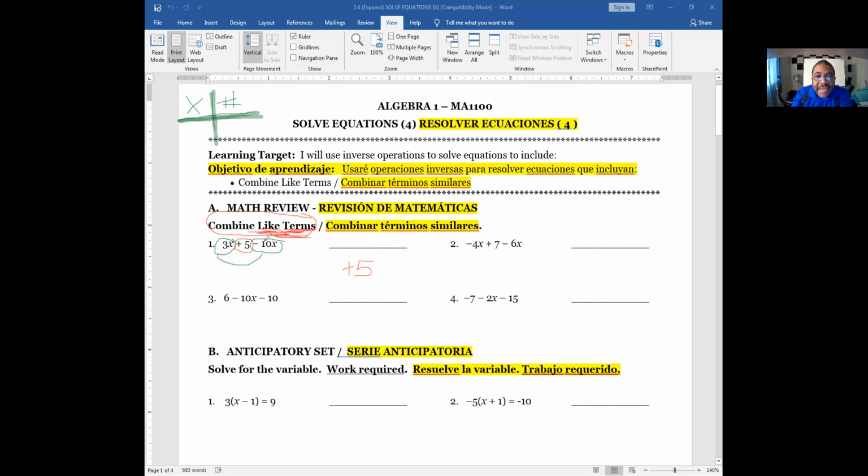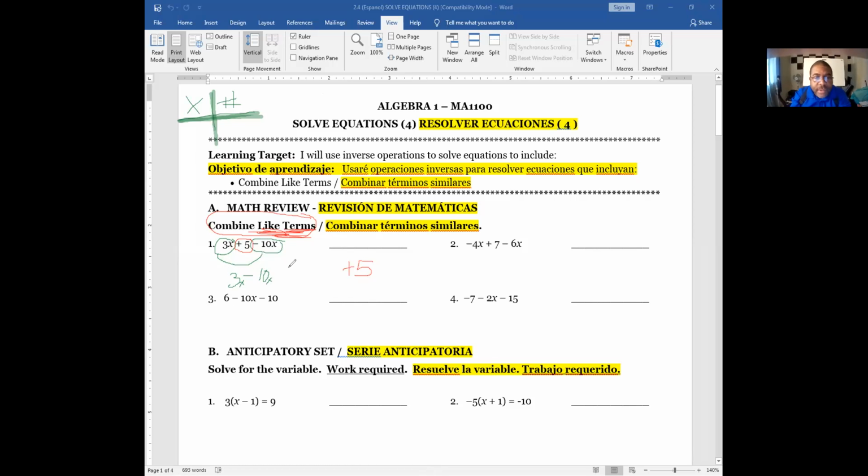So if you take out your handy dandy calculator and you have 3x minus 10x, it's really just like 3 minus 10. If you had a number line and you went from 3 down by 10, you're going to end up with negative 7. 3 minus 10 is negative 7.